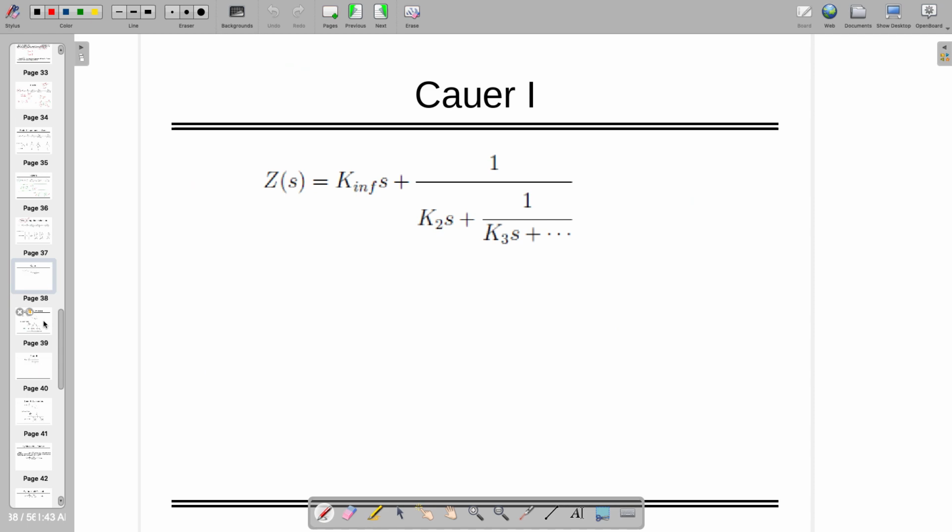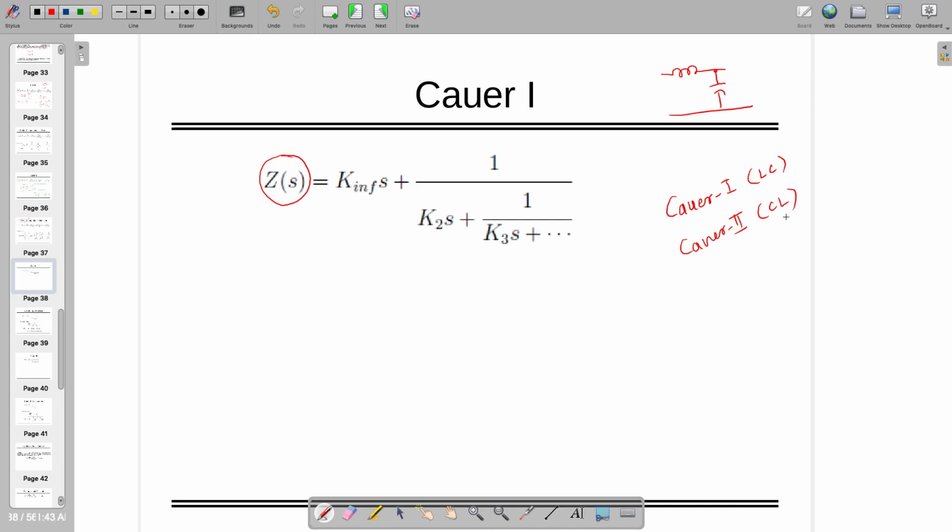Now, the third one is Cauer 1, where it is again Z of S and the first element is inductor, and the second element is capacitor. Although the name of such a network is not given, just to remember from my side, I call Cauer 1 LC at the back of my mind, and Cauer 2 I call CL.